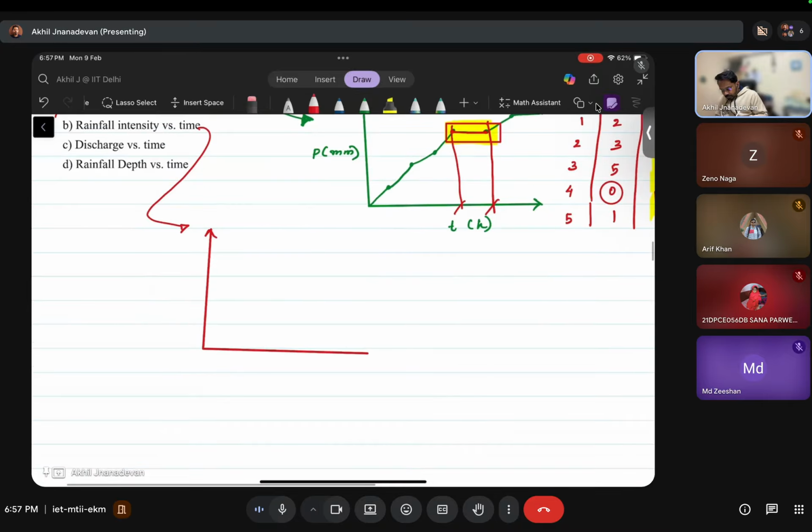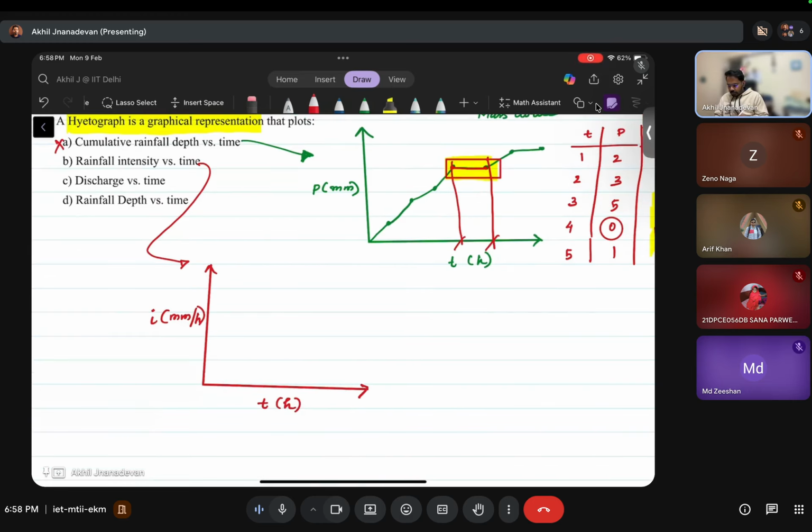For that, we'll be plotting time on our x-axis and intensity, denoted by small letter i, which can be in mm/hour, on the y-axis.